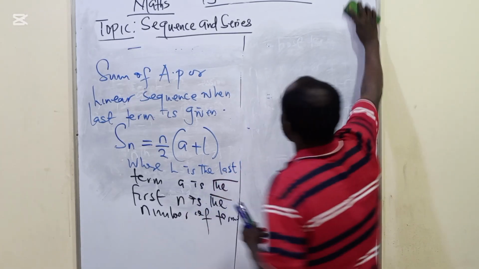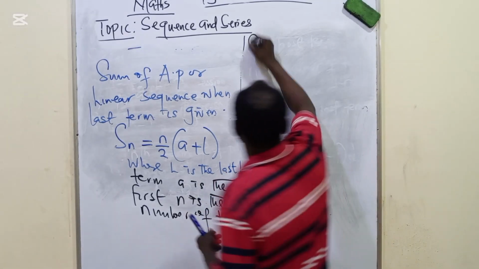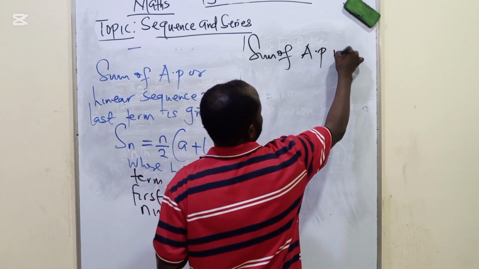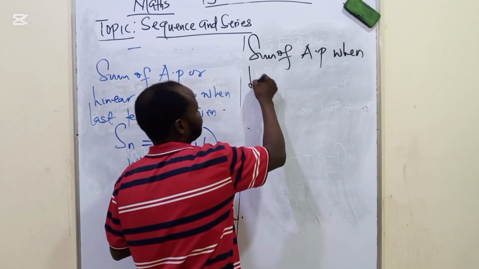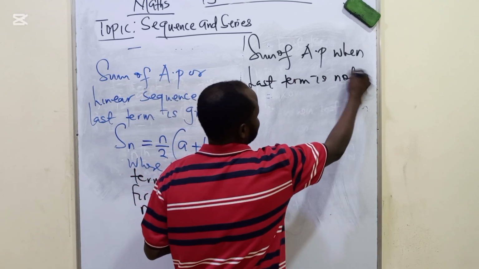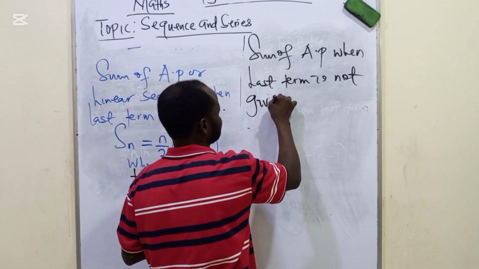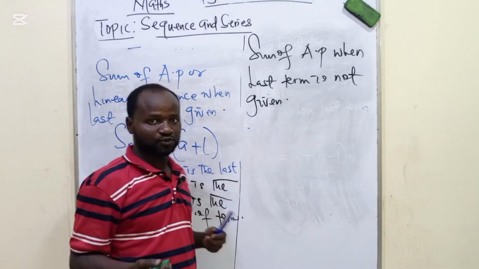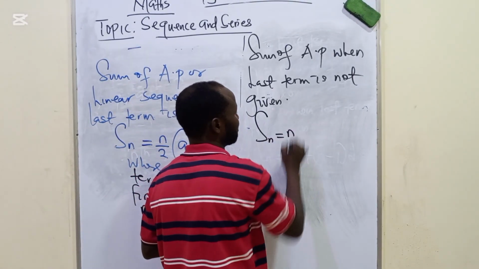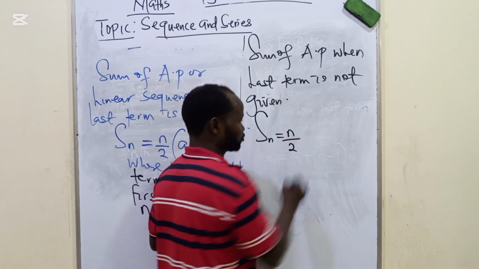Let's look at the last formula. Sum of AP when the last term is not given. When the last term is not given, what will be the sum of arithmetic progression? The sum will now be equal to the number of terms divided by 2.